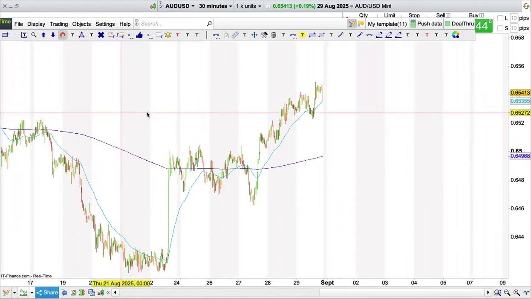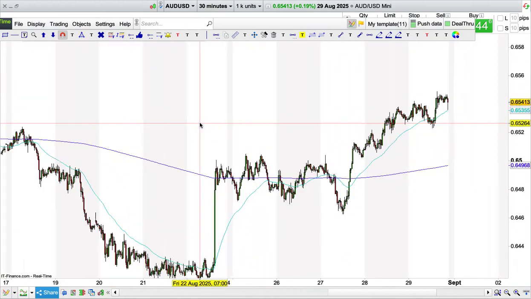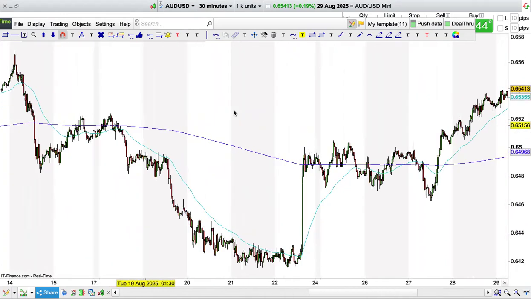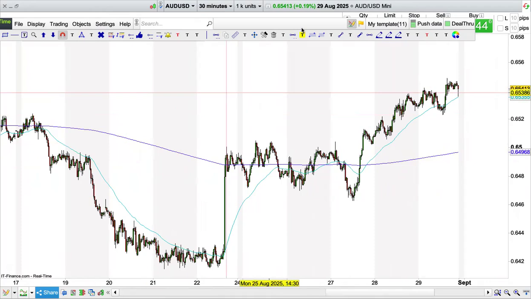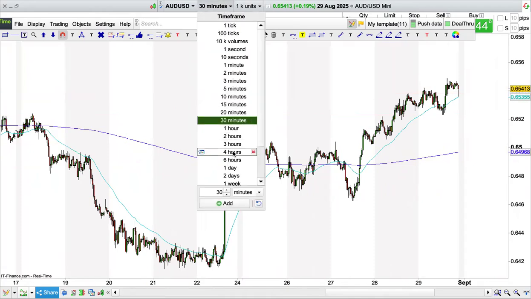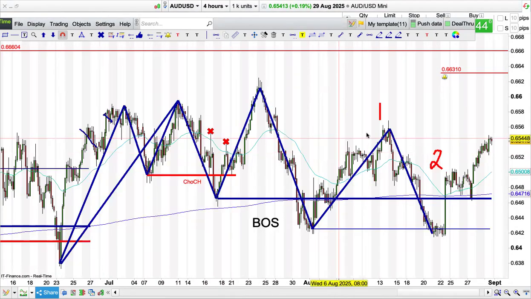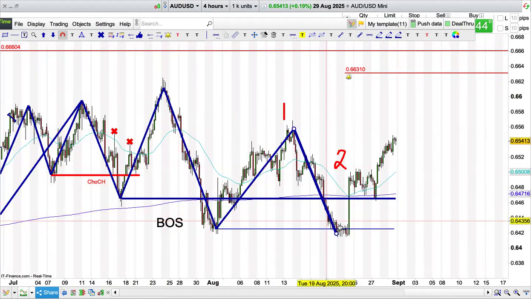Pretty difficult. This move here, we've certainly made a change of structure. Change break. You'd really start seeing something soon. It is still lower low, lower high, lower low, lower high.